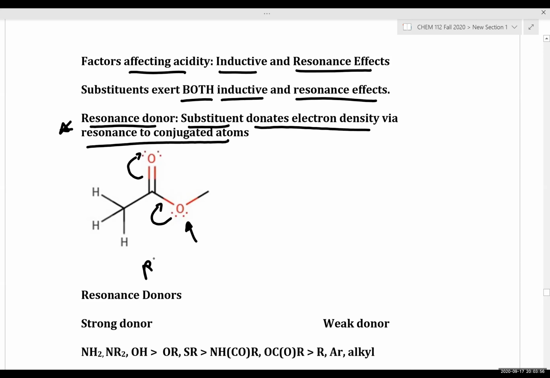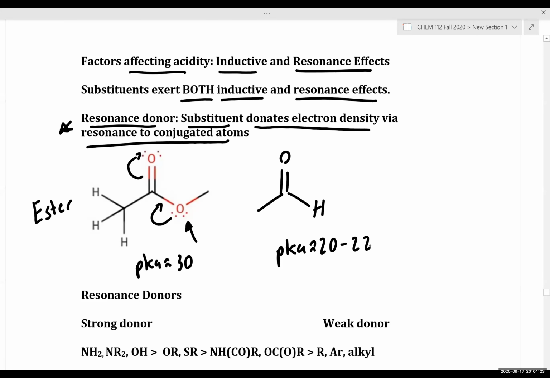And if we look at the pKa of this molecule, which is representing an ester functional group, esters have a pKa of around 30. If we compare that to just an aldehyde, for example, aldehydes have a pKa of around 20 to 22, closer to 20 actually.